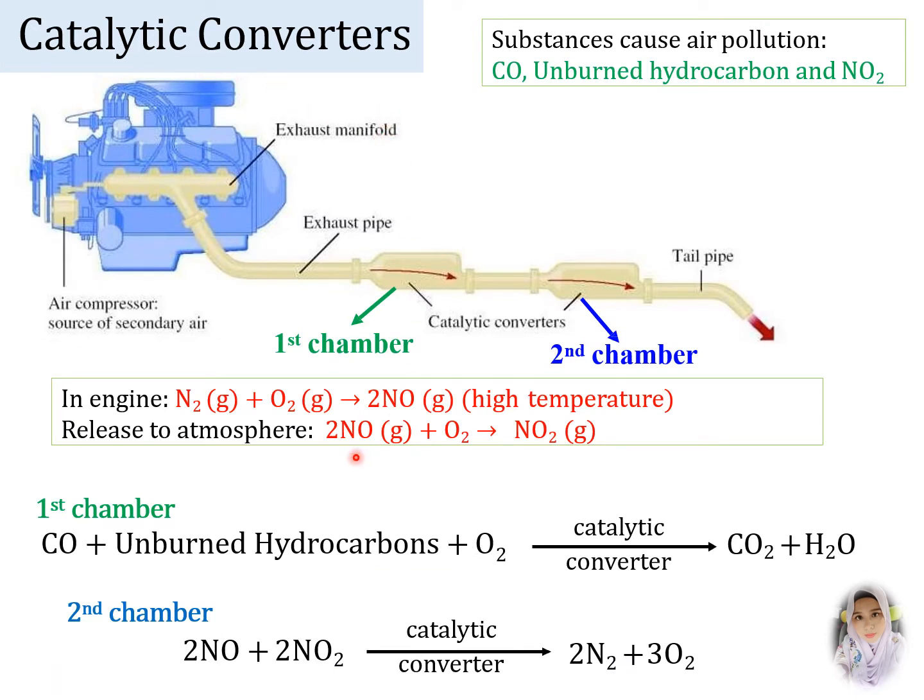A catalytic converter is an exhaust emission control device that reduces toxic gases like carbon monoxide, unburned hydrocarbons and nitrogen dioxide pollution in exhaust gas from an internal combustion engine into less toxic pollutants by catalyzing redox reactions. Typically, there are two different catalysts in a catalytic converter.